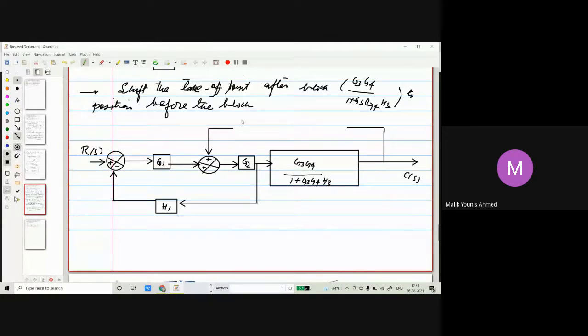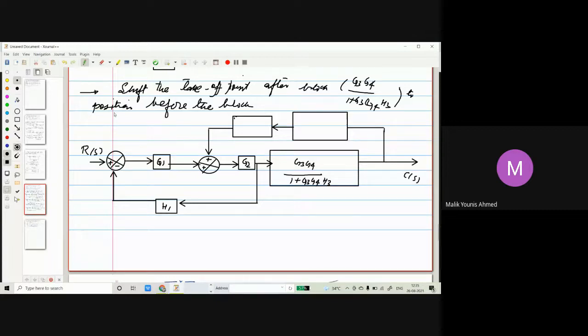So there will be two blocks we'll try to make. Very good. This is a bigger block we'll try to make. But the signal will be coming from this block, whatever the scenario we have in front of us.